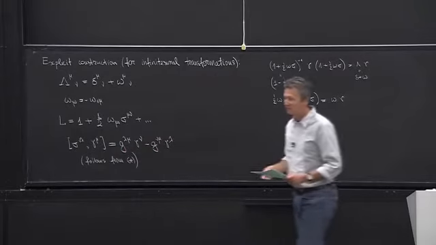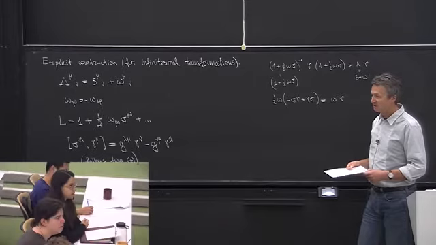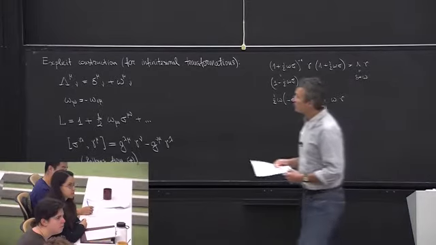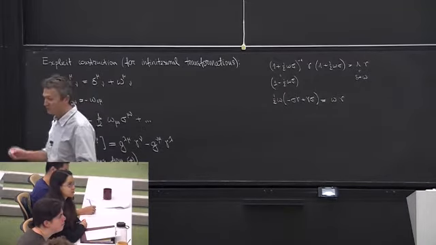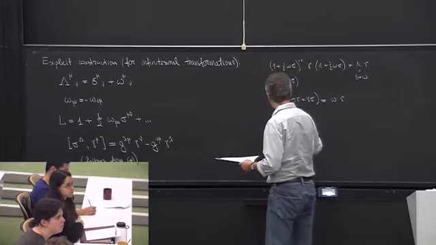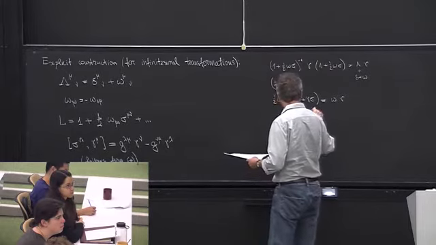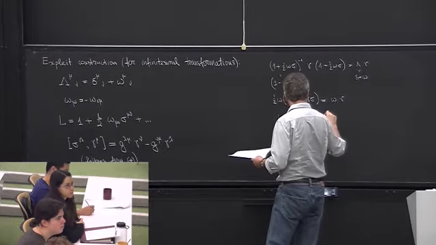I'm sorry, I probably didn't express myself clearly. The question is, why do we expand L as that sum? Well, L is some function of lambda. And lambda is the unit matrix plus omega.